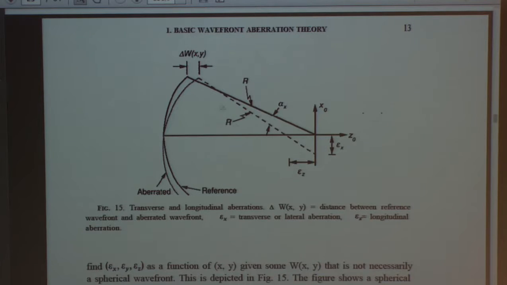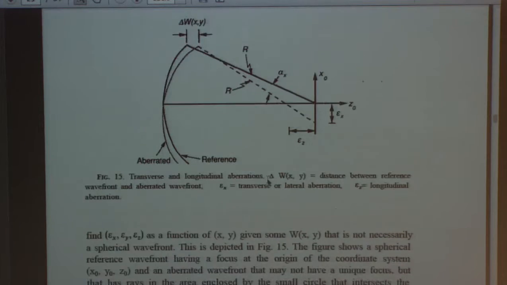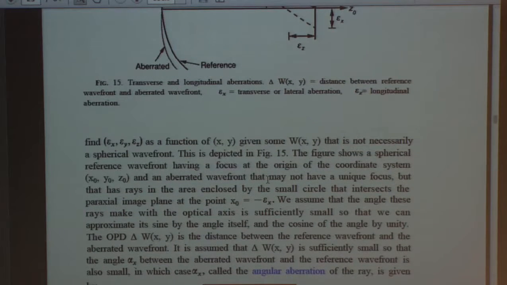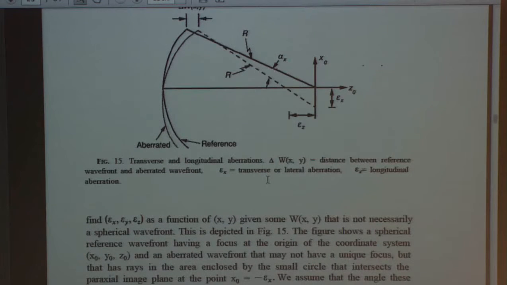So epsilon sub z and epsilon sub x are a function of x, y in this plane. And so we can say that this ray is coming down here at the wrong angle, and there's some angular error in that ray.